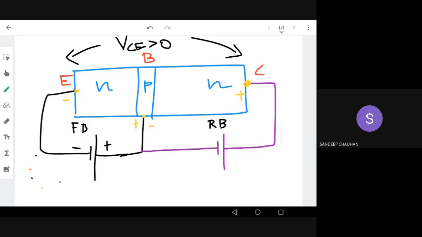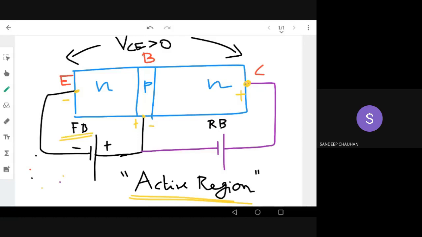So this kind of setup is for active biasing, or the active region. This is called the active region of operation of a BJT. So simply, what is the active region? Active region is the region in which a BJT or NPN transistor operates when its emitter-base junction is forward biased and its collector-base junction is reverse biased, right?